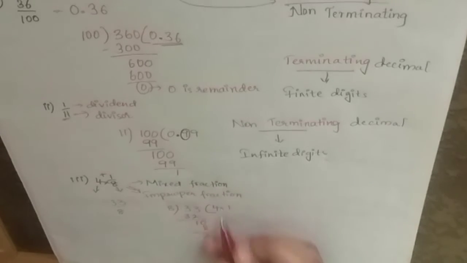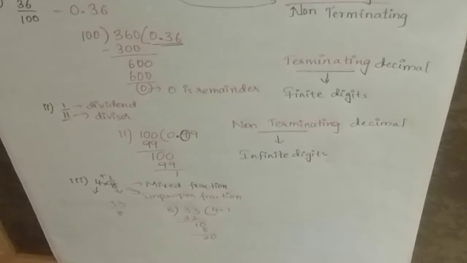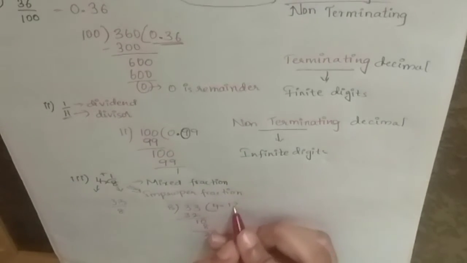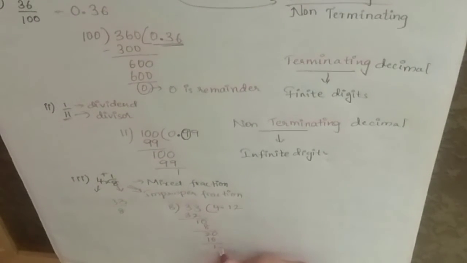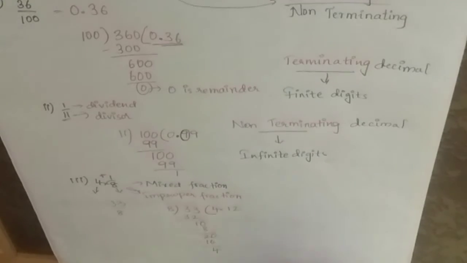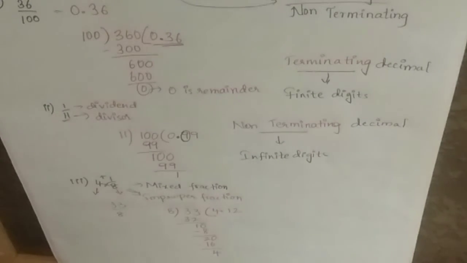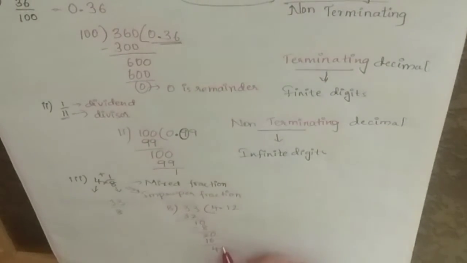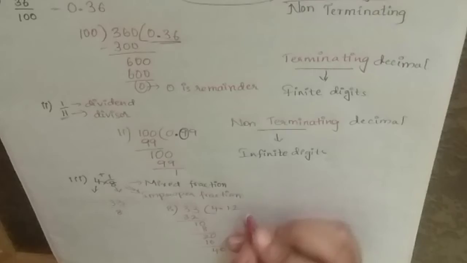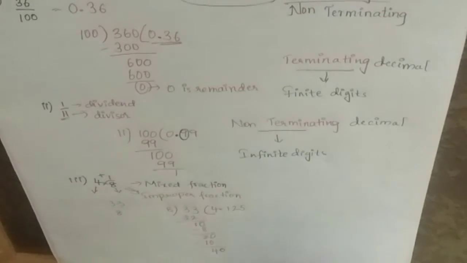Then again I have a point, putting a 0. 8 twos is 16. So write that there. Now I get 4. Right? Okay. Now 4, I have a point. Put a 0. Now 8 fives is 40.